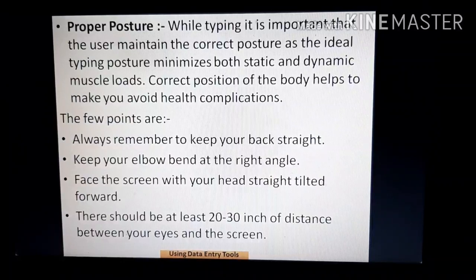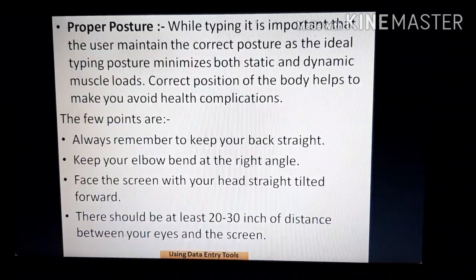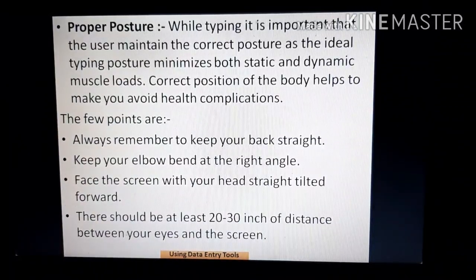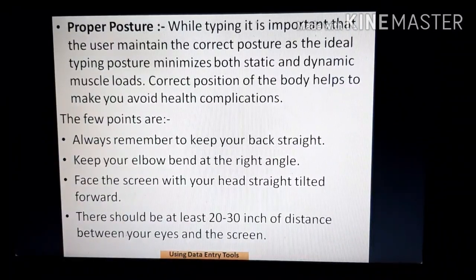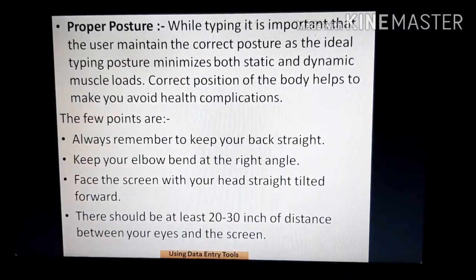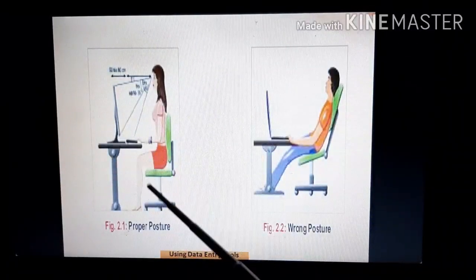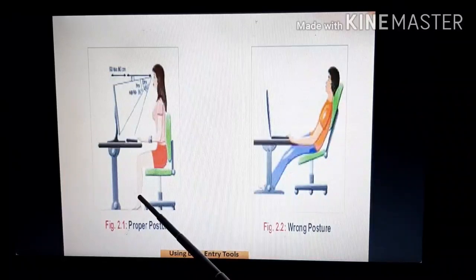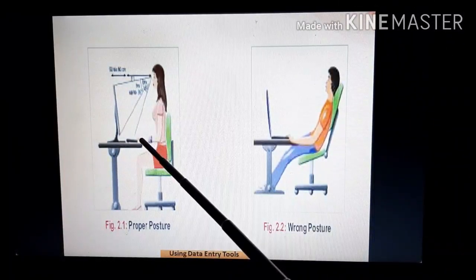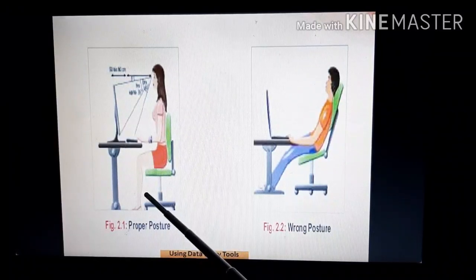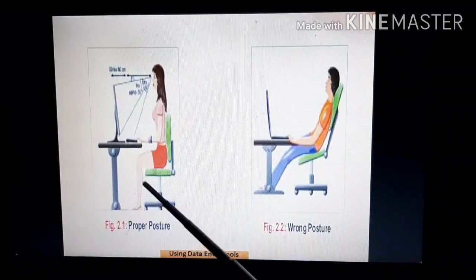And we have to face the screen with the head straight, tilted towards the screen, that means the forward position. And always we have to maintain the distance of 20 to 30 inch, as you can see in this diagram. This is the proper posture for how you have to sit, and this is the wrong posture. So always we have to maintain the proper posture while typing anything on the system.